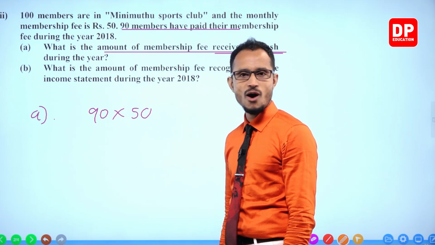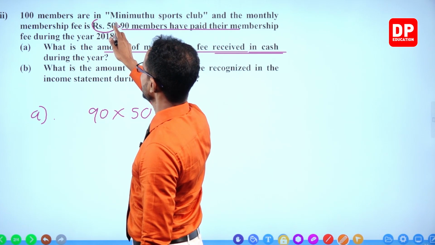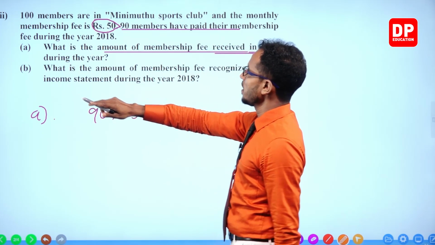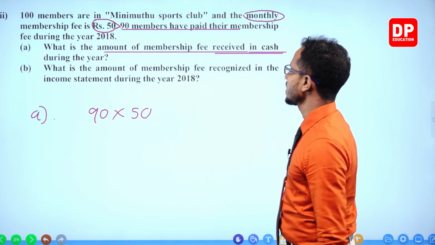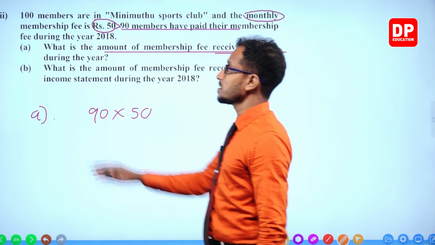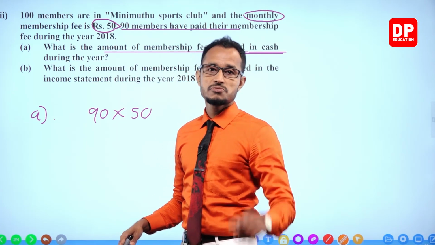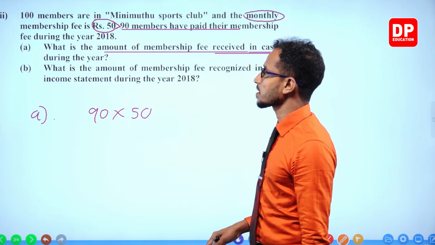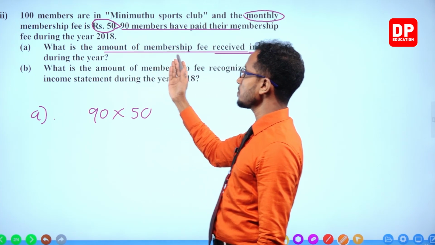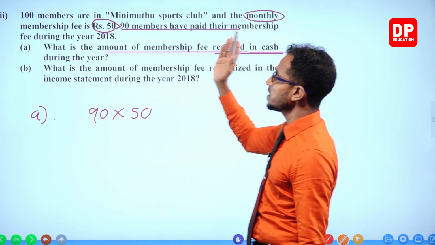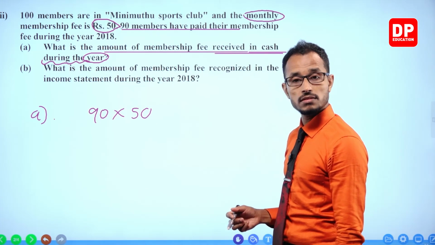No. Wrong. Guys, did you notice this? 50 is the membership fee, but that is monthly. Monthly membership fee is 50. You will go wrong at this point if you take 50. Because they're asking, what is the amount of membership fee received during the year? During the year.